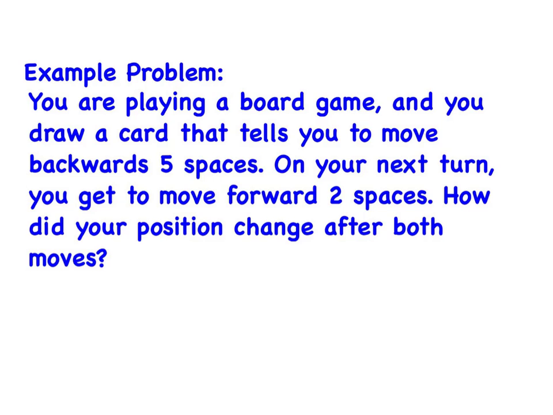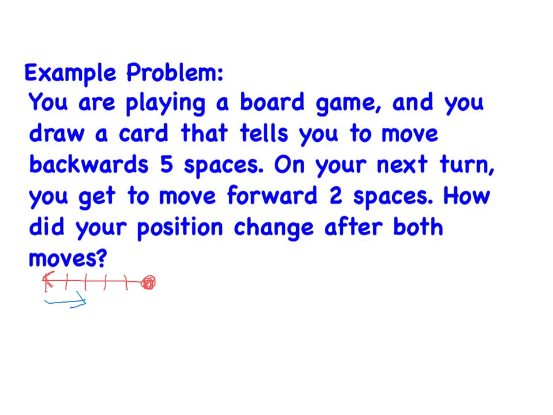So I'm going to make a visual representation here. So here's my starting position. And I know that I move backwards 1, 2, 3, 4, 5 spaces. Okay, so I move backwards 5 spaces. And then I move forward 2 spaces.